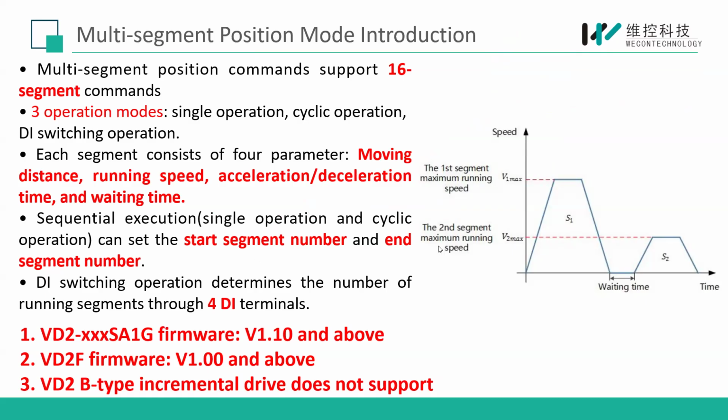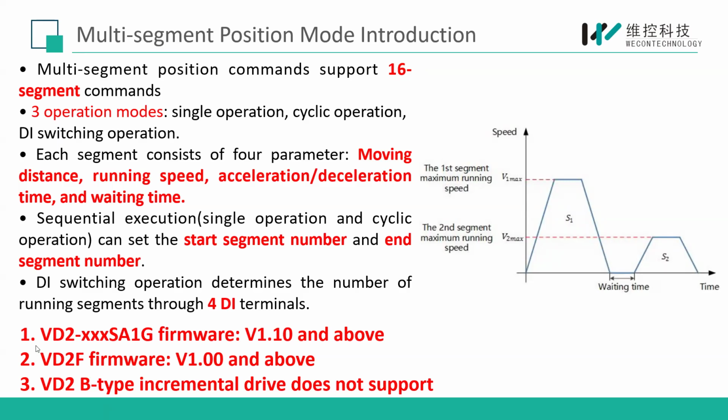DI switching means we can use four external terminals to demand which segment to run currently. And later we'll have a table to show this DI running. And here there are 3 points to note.